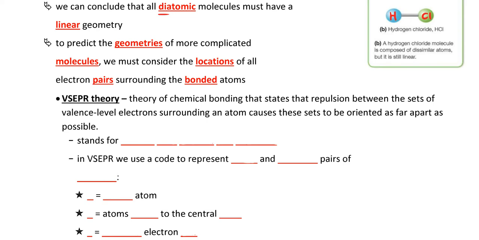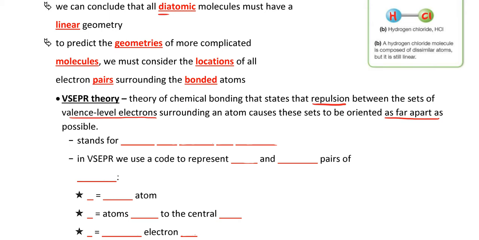So in order to look at molecular geometry, we have a theory in chemistry called VSEPR theory. VSEPR theory is a theory of chemical bonding that states that repulsion between the sets of valence level electrons that surround an atom cause these sets to be oriented as far apart as possible. So VSEPR theory, and this is logical, says that the valence electrons that surround atoms repel each other.